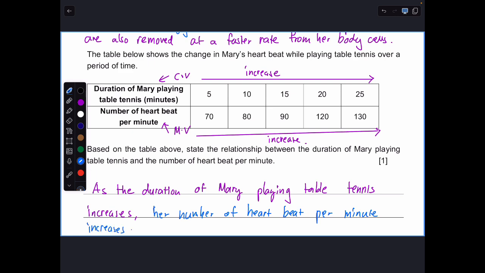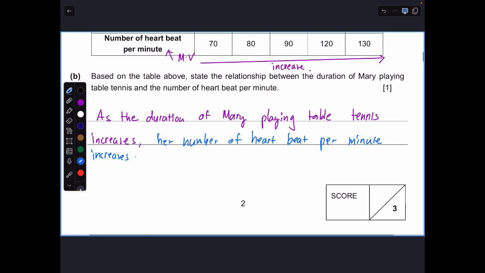Don't go and invent your own label and don't be lazy. Some of you just go, as the duration increases, heartbeat increases. Excuse me, heartbeat increases and heartbeat per minute increases are two different things. And duration of what? Duration of Mary walking, sleeping, I don't know.